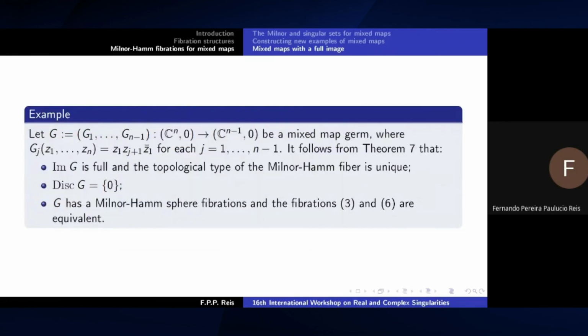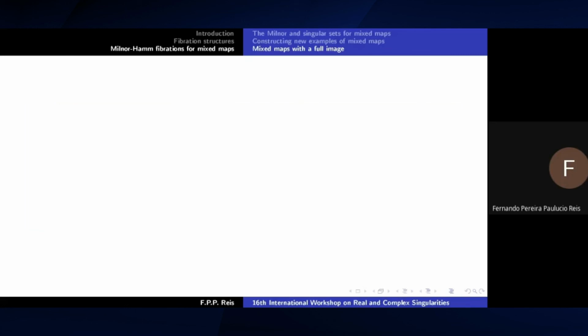For example, let G be a mixed map germ from C^n to C^(n-1), where each component is given by this relation. It follows from Theorem 7 that the image of G is full and the topological type of the Milnor-Hamm fiber is unique. The discriminant is only 0, and G has a Milnor-Hamm sphere fibration, and the fibrations 3 and 6 are equivalent.